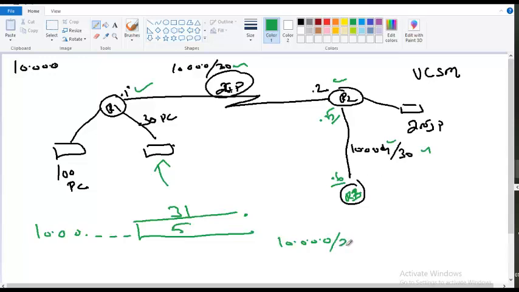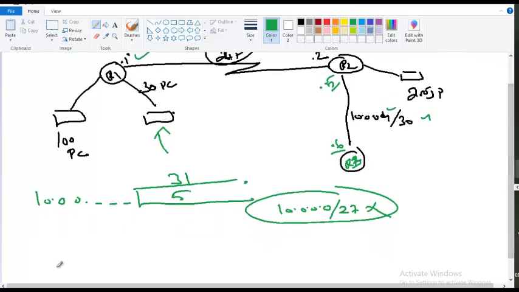We will not be using this because we have consumed some of the IP addresses in the subnet. So we'll take the next one, which is 10.0.0.32. The next will be 64, so your broadcast will be 63 and the last will be 62.